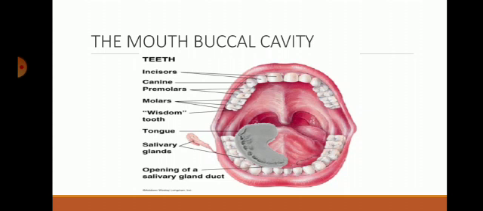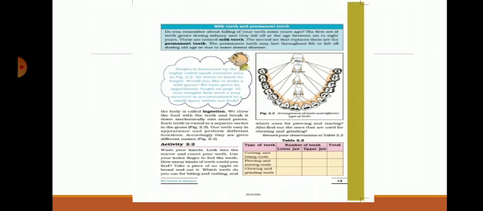Okay, then we go to the next heading, teeth. The teeth are present in the buccal cavity. The food is cut by the teeth inside the mouth. Teeth mechanically break the food into small pieces.